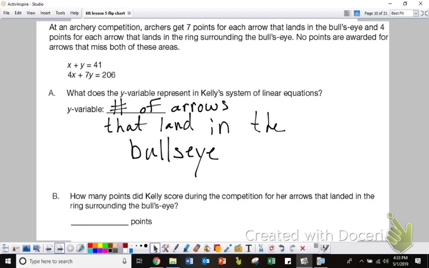Okay. So then the second question then is, how many points did Kelly score during the competition for her arrows that landed in the ring surrounding the bullseye?